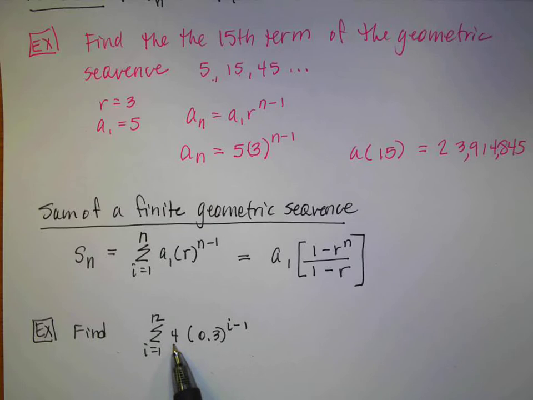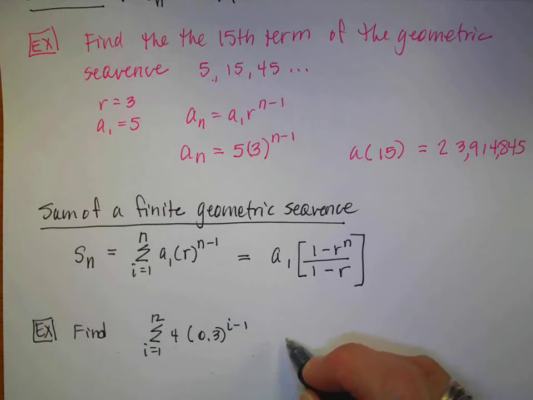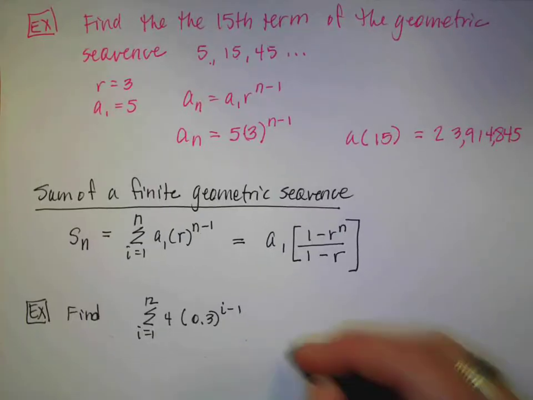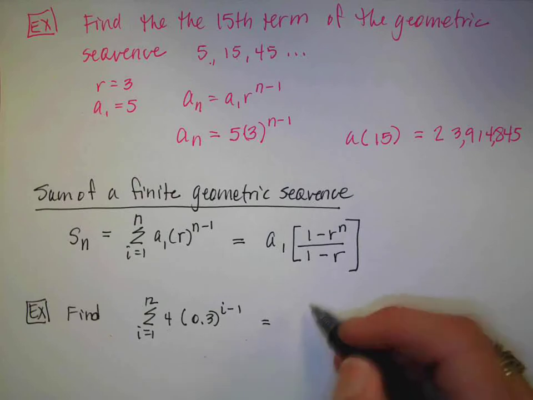Sometimes it's not. If I'm doing a sum that starts on the 10th term instead of the first, the first term wouldn't be 4. I would have to substitute the 10 in, run that math to find the first term, and then I would be able to finish the problem. But this one starts at the first term, so it's 4.